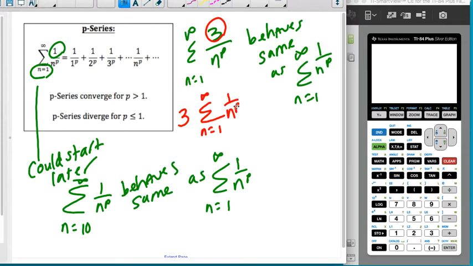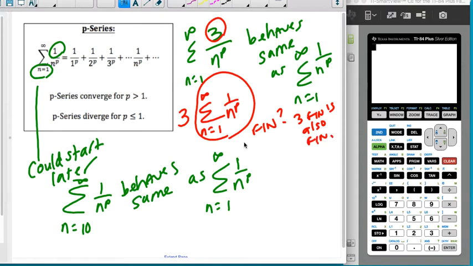Since we're not trying to find a value for the series, if this is finite, then 3 times a finite number is also finite. It's also going to converge. If this thing were diverging, well, 3 times an infinite quantity is also infinite. So it doesn't matter that you put a number on top. The idea is that we really care about that n to the p, and we care what value p is.